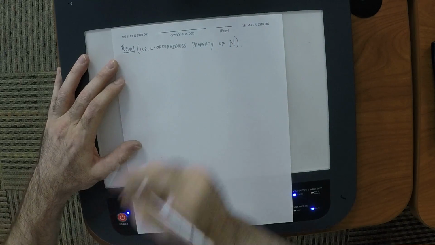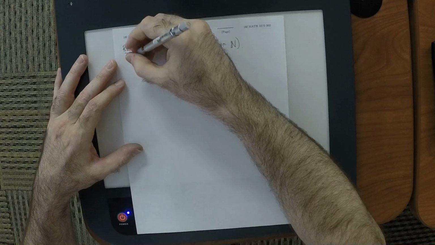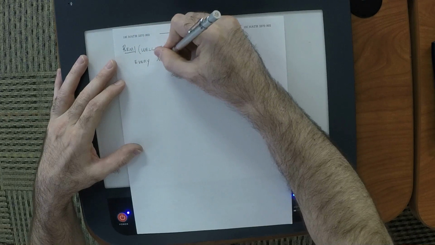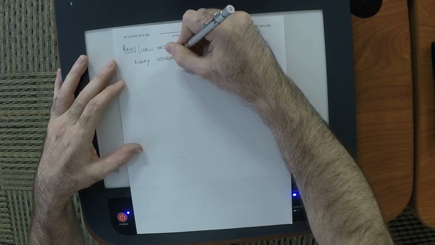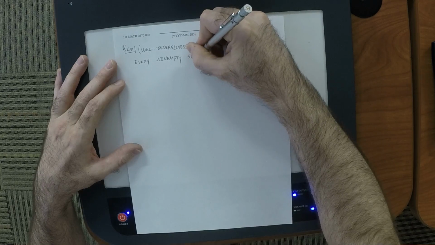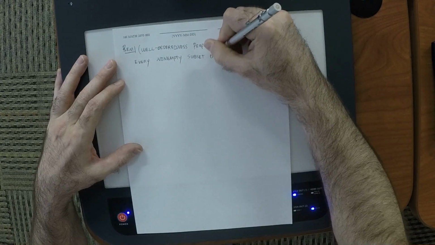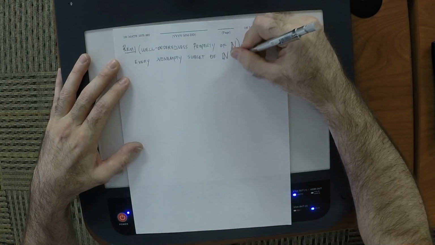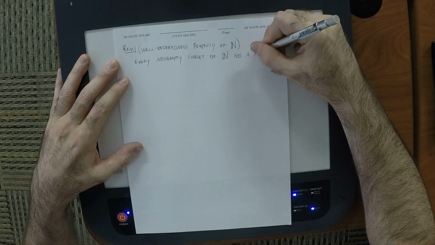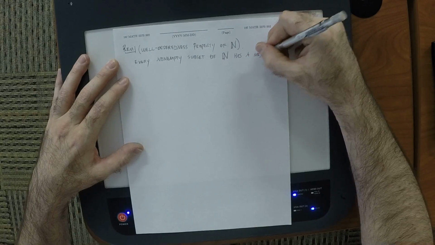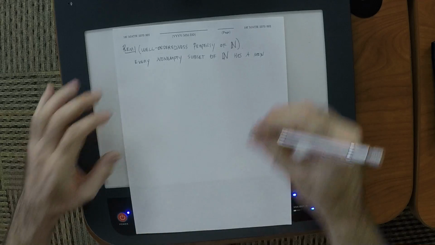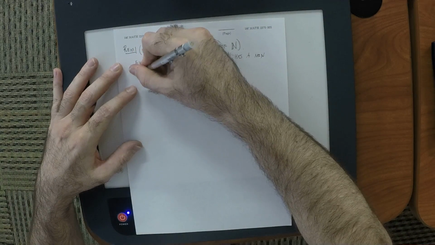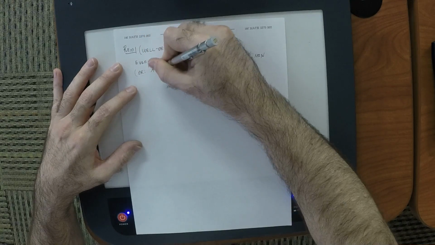Okay, so specifically, here's the statement of it. Every nonempty subset of N has a min. In different contexts, in different textbooks, the language might instead be a least element.